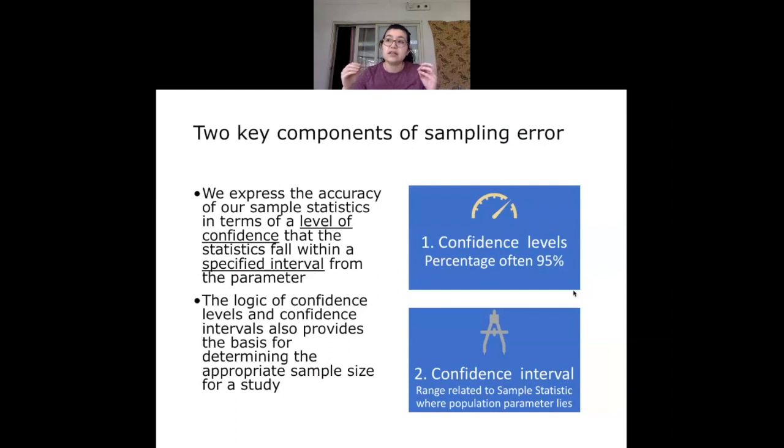So there is error, so there is the likelihood that the sample estimate that we developed is too high or too low relative to the larger population, but we can quantify that error. We can communicate that error to other people.